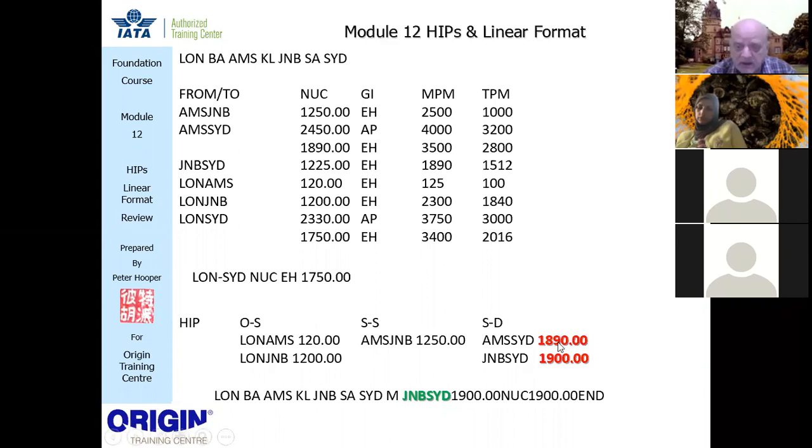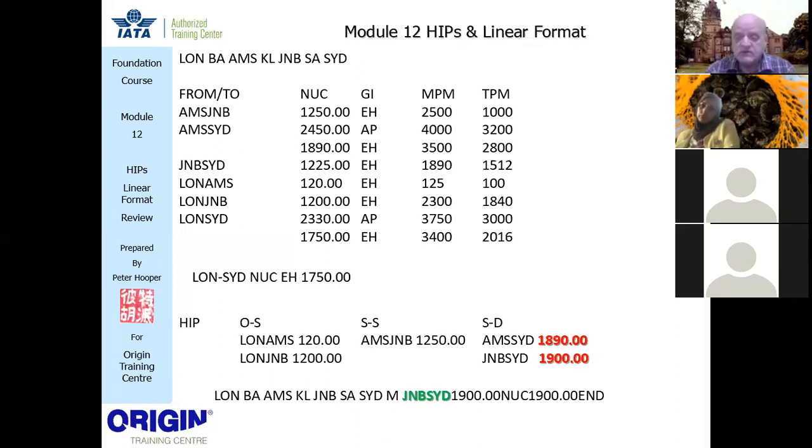Yes. And just remember, after the M for mileage, if you get 6 characters together, 2 city codes together with no space, that means it's an HIP. Because normally between city and city, letter and letter, there would be a space.